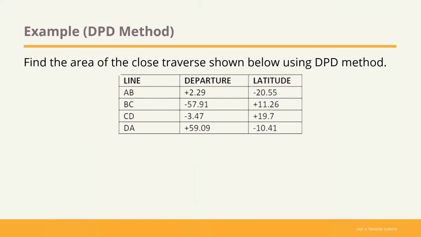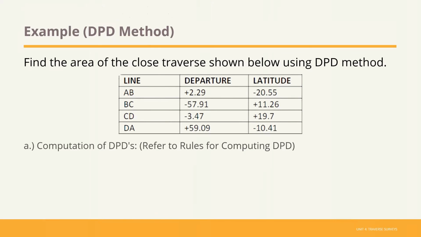Now we'll have an example of employing the DPD method. We'll use the same example as in the DMD method, but now we'll use the DPD method, so we have the same given also. First, we'll compute for the DPD. We'll need to stick to the rules in computing the DPD.